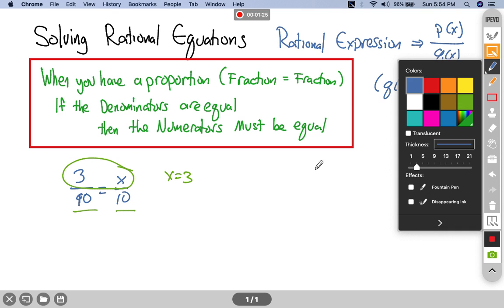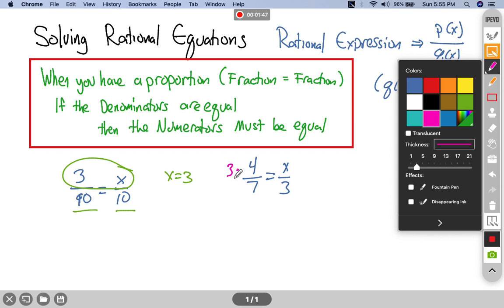Now, if I have a problem like 4 over 7 equals x over 3, my denominators aren't equal. But I can make common denominators. I can make my denominators equal. So my common denominator is going to have a factor of 7 and a factor of 3.